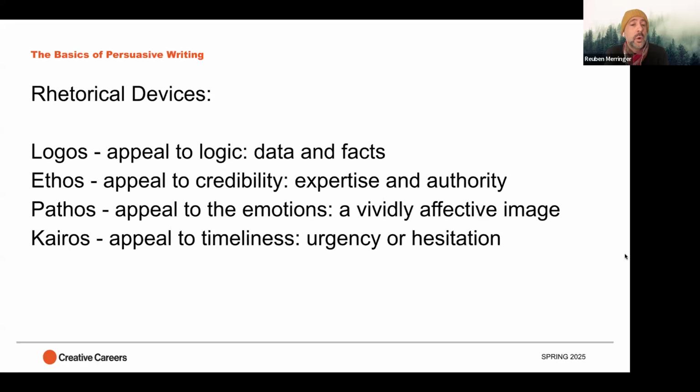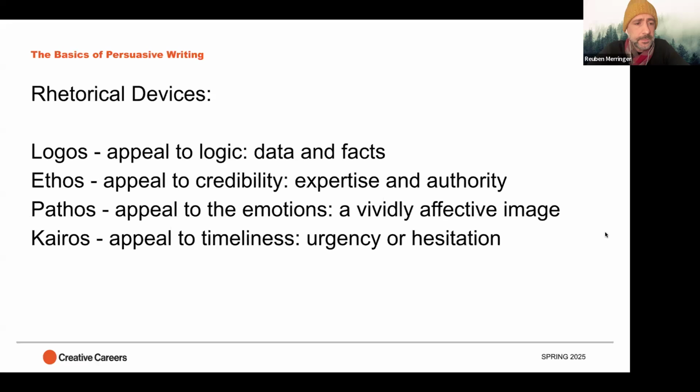You create a vivid image that might compel your reader to be moved emotionally, to see the significance and the importance of what you're talking about. And then finally, kairos is an appeal to timeliness. If there's a need for urgency, like to act now, or hesitation, like maybe now is not the best time, that's what kairos is talking about. And then I'll give you some examples of each.